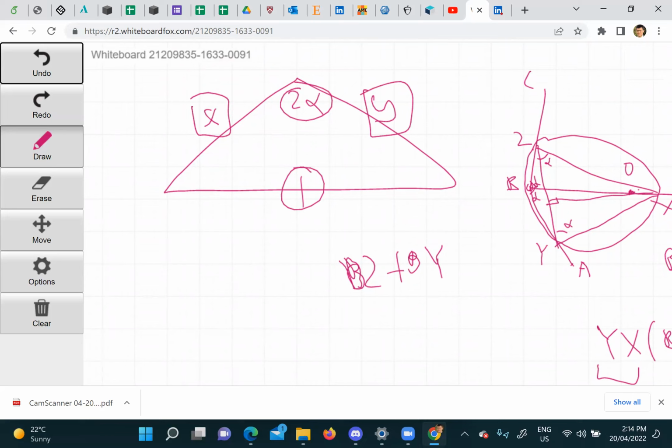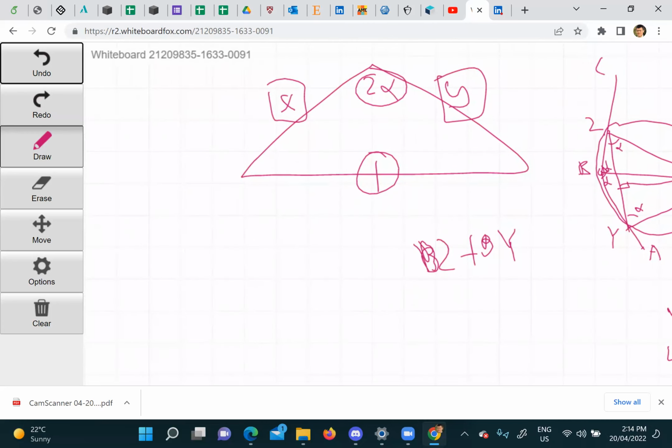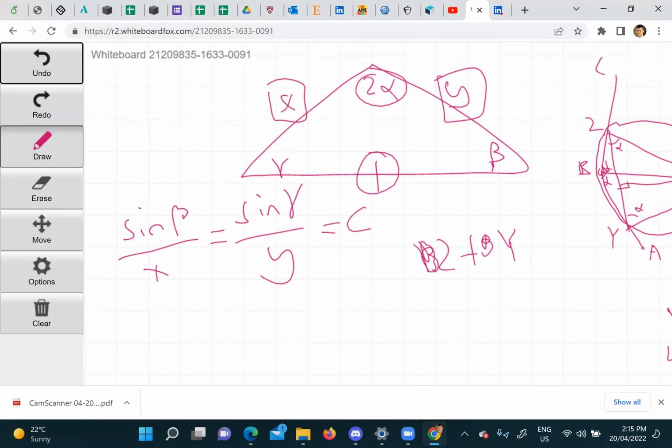How does sine rule work here? So beta, gamma. Sine beta on X equals sine gamma on Y, equals some fixed constant.